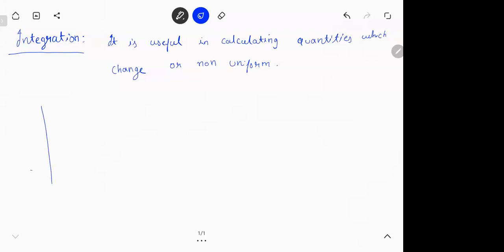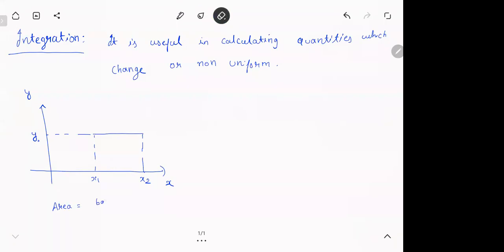Let me give a simple example. Let's say you have a rectangle like this. This is x1, this is x2, and this is some y. Now, if I ask you the area of this rectangle, you will say base into height, or height into base.